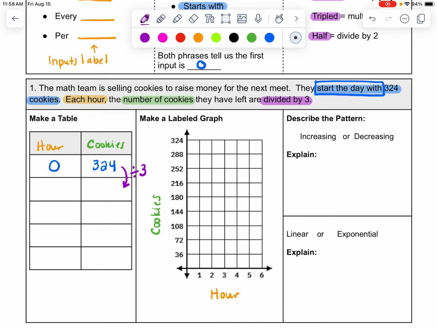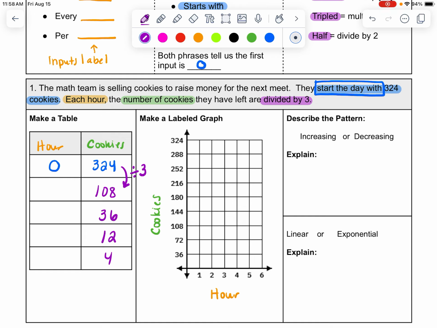So that means my numbers are going to be 108, 36, I was like, this feels weird. 36, I'm sorry about that, 12, and 4. I'm just going to keep dividing by 3.